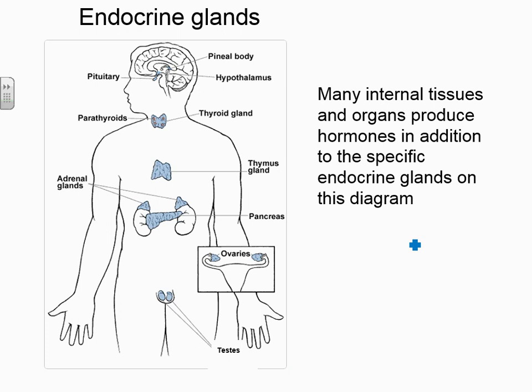One's converted into another one, or an inactive form and an active form, and all sorts of things like that. But I just need to keep it minimal, as we're looking at an overview. Oh, the other thing I'll do after break, yes, I'd forgotten, is to go over a couple of examples of control systems, just to give you an idea of how the homeostatic mechanism works with those.